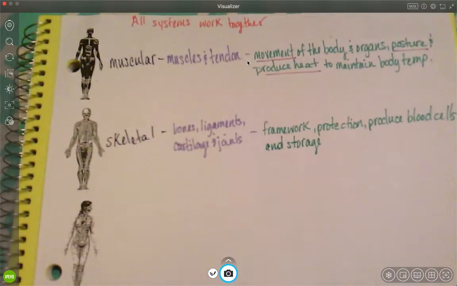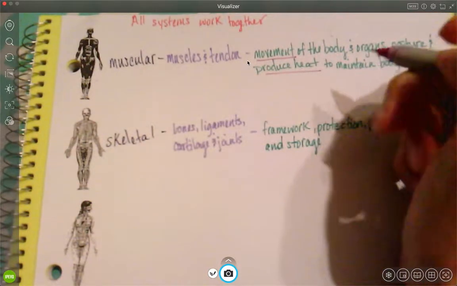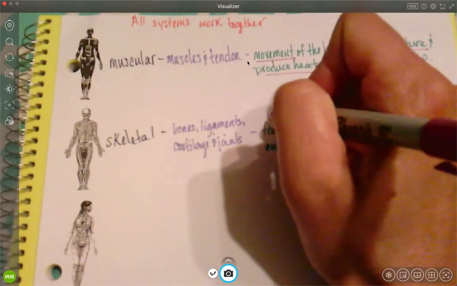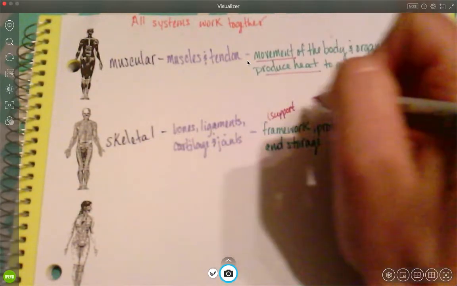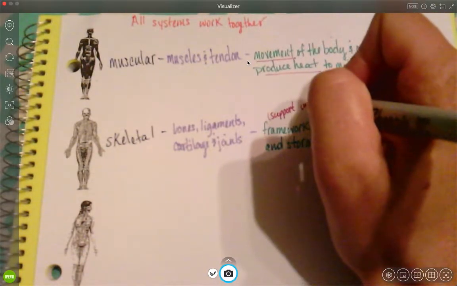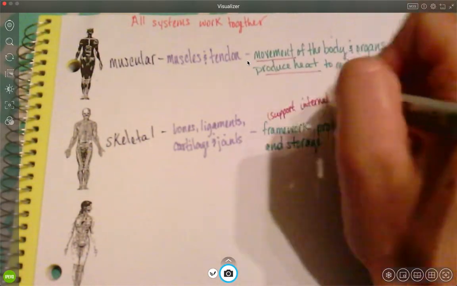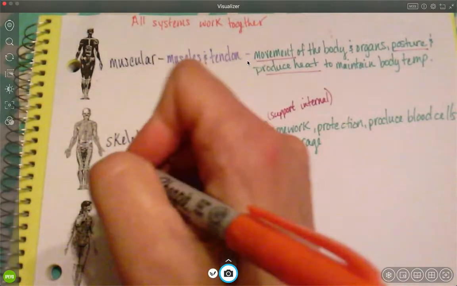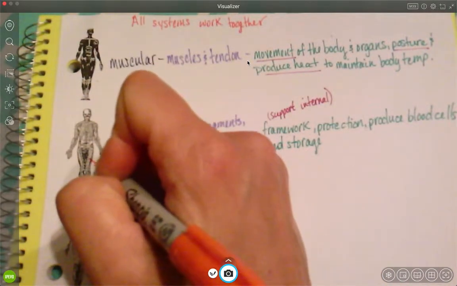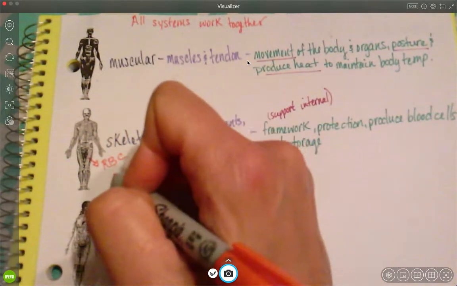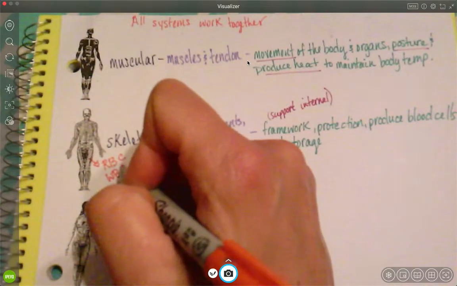So when we talk about framework, we're talking about support, like being able to stand on our legs. And that support is going to be internal support. So on the inside of the body, we're going to see that internal support. And inside of our big bones here, we're going to make red blood cells. We're going to make white blood cells.